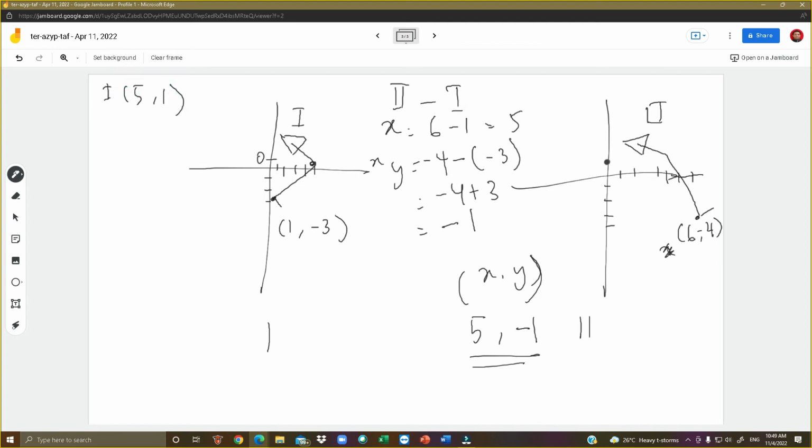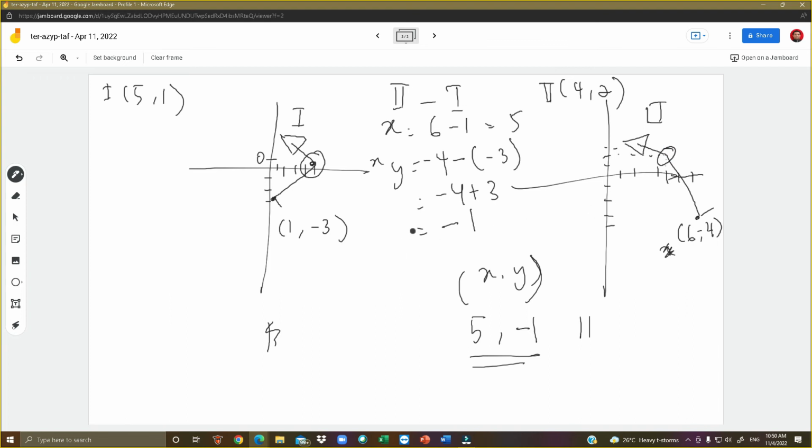For 2, the new knee point will be 4, 2. So what is the difference from point 1 to point 2?